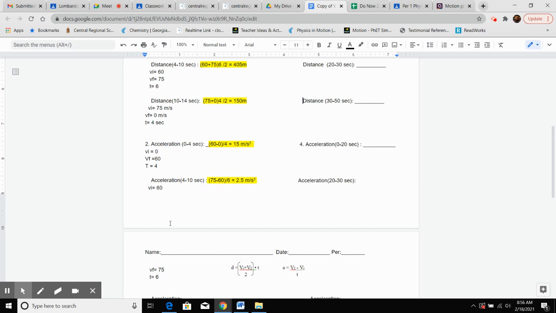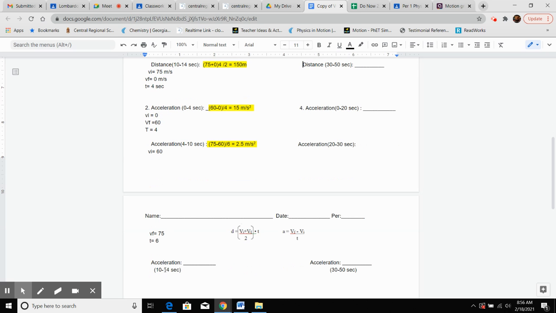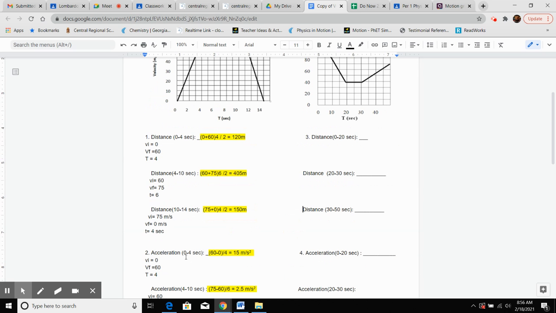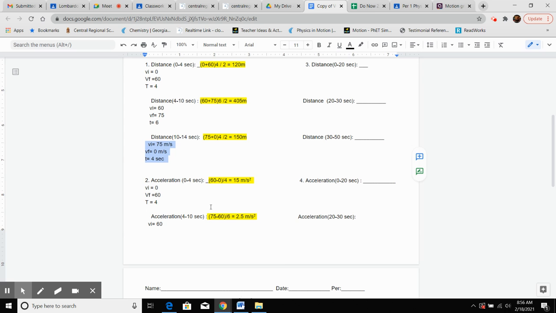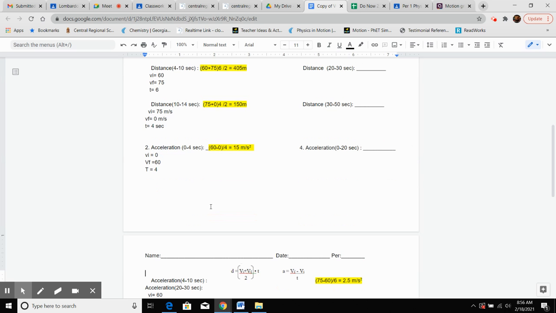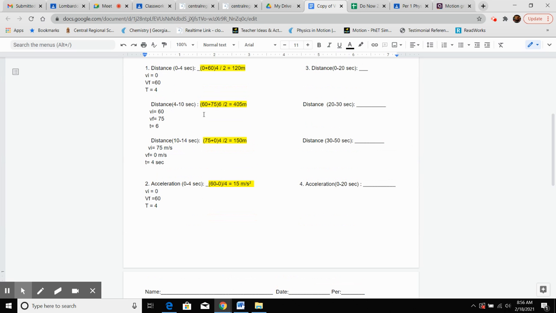And so the last problem for acceleration, this 10 to 14 seconds guy, we're going to have the same numbers there, the same VI, same VF, and the same time. Okay, so we're doing the 10 to 14 seconds.